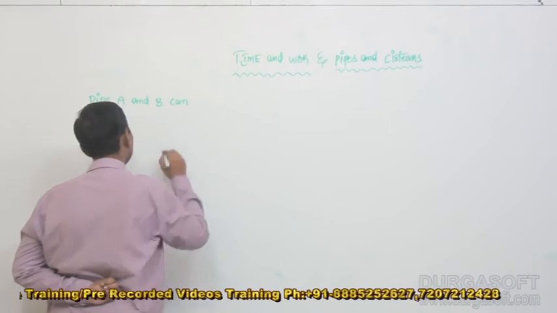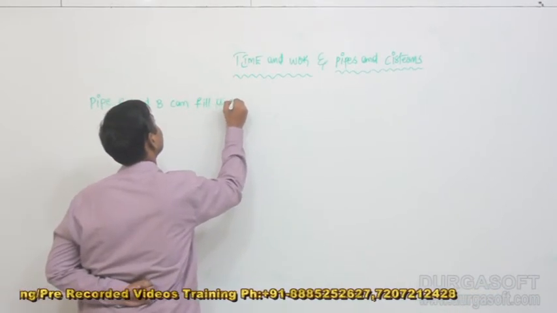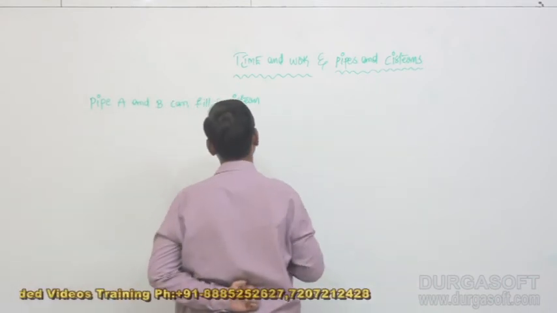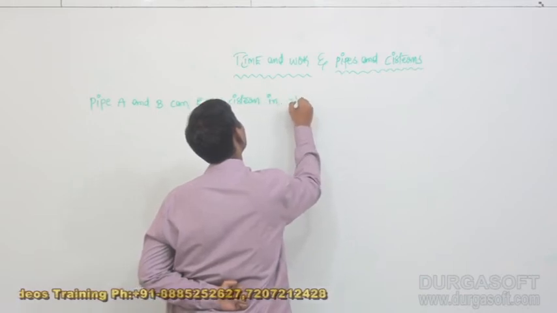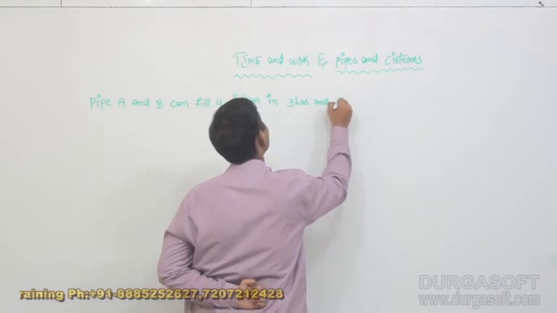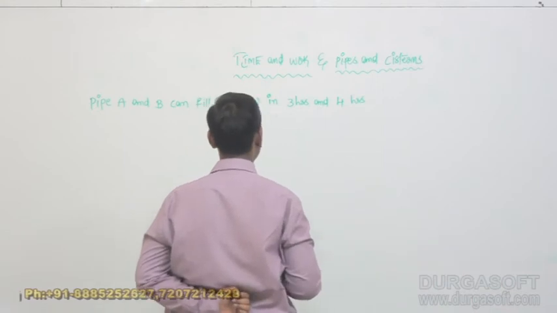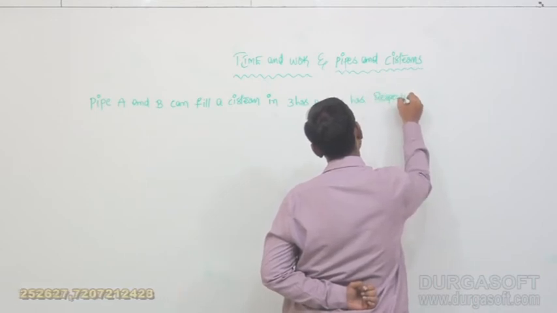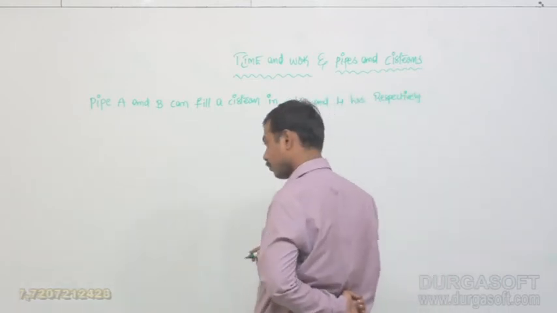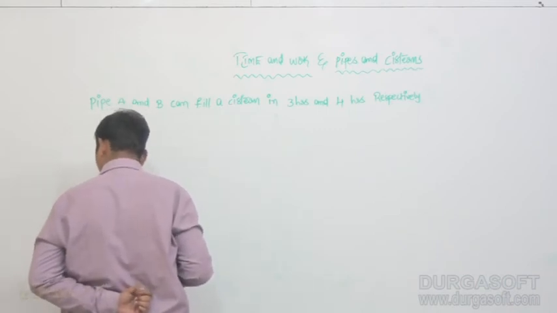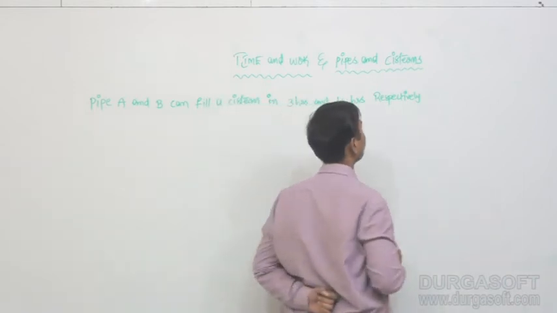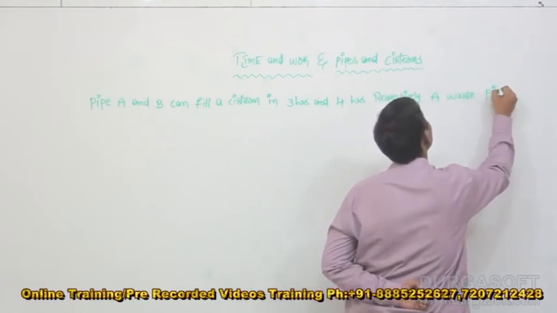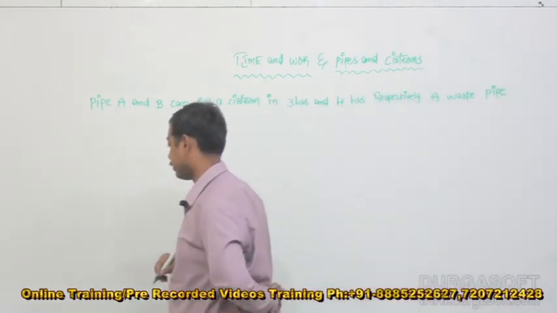Pipe A and B can fill a cistern in 3 hours and 4 hours respectively. A waste pipe C can empty it in 2 hours.